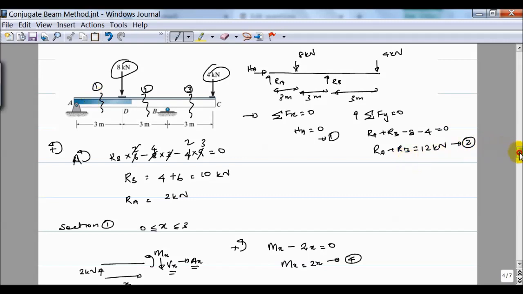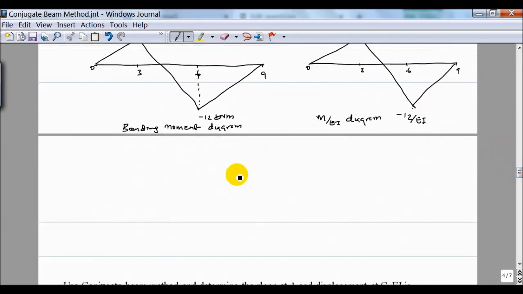So if I draw the conjugate beam, this is my conjugate beam. Here 0, 3, 6, 9. At 0 it's a pin, so there are two reactions.